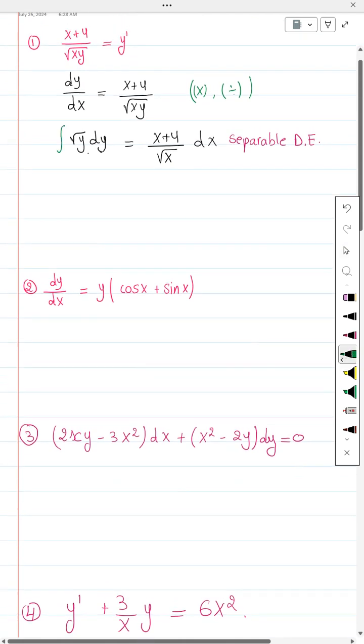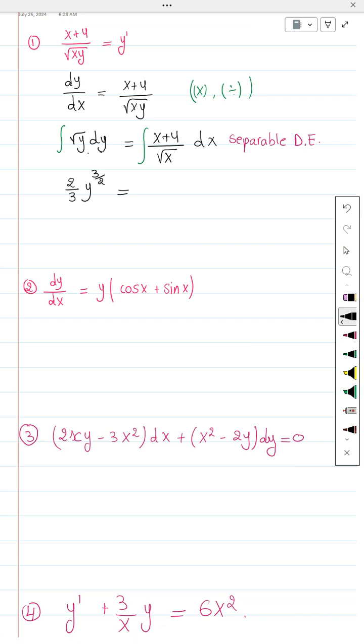The integration of the square root of y is 2 over 3 y to the power of 3 over 2. This is equal to x over the square root of x, which is the square root of x, so it's 2 over 3 x to the power of 3 over 2.